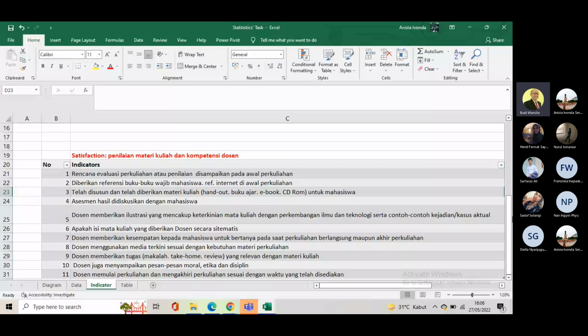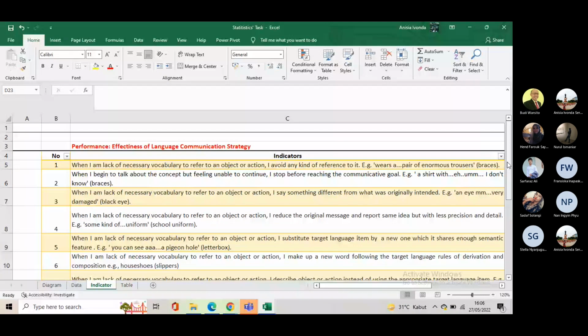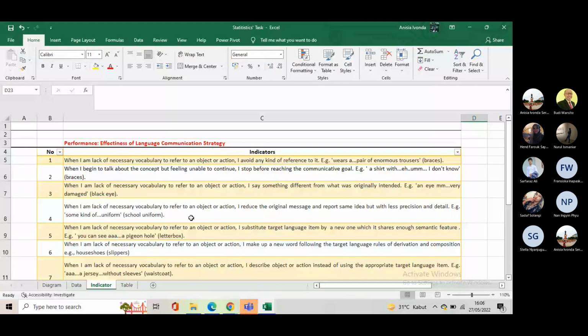For the performance indicators, can you open your sheet? Sorry, sir, it gets stuck. Oh yeah, this, sir.